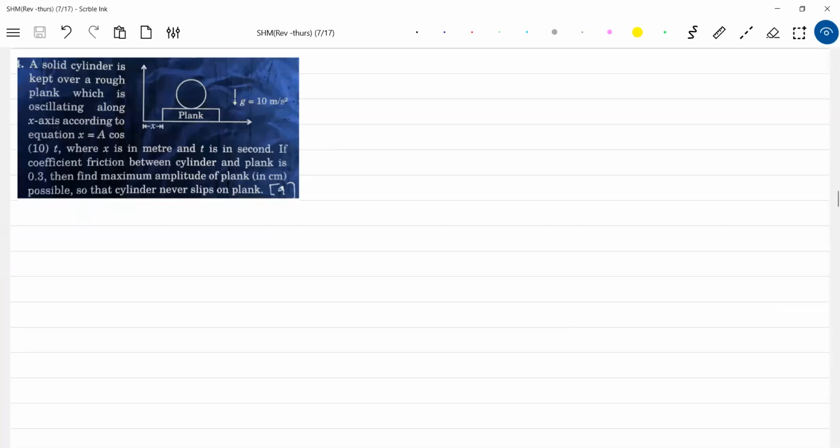Read the question. How is the plank? The plank will not move vertically.